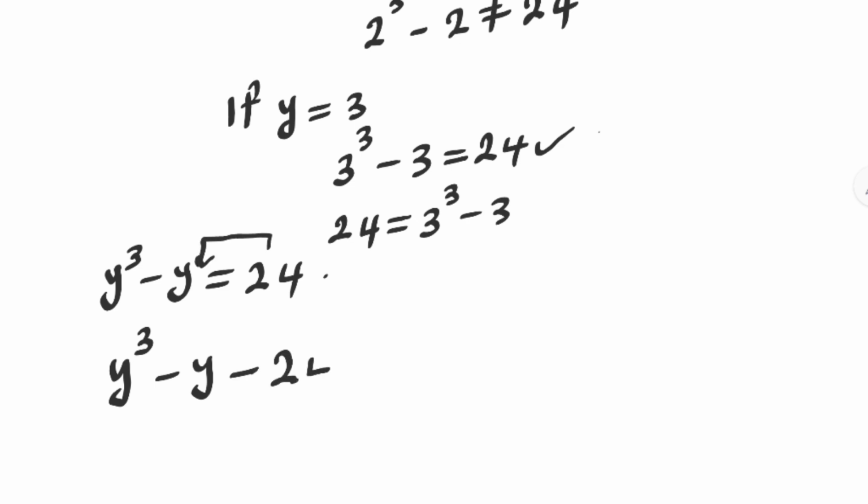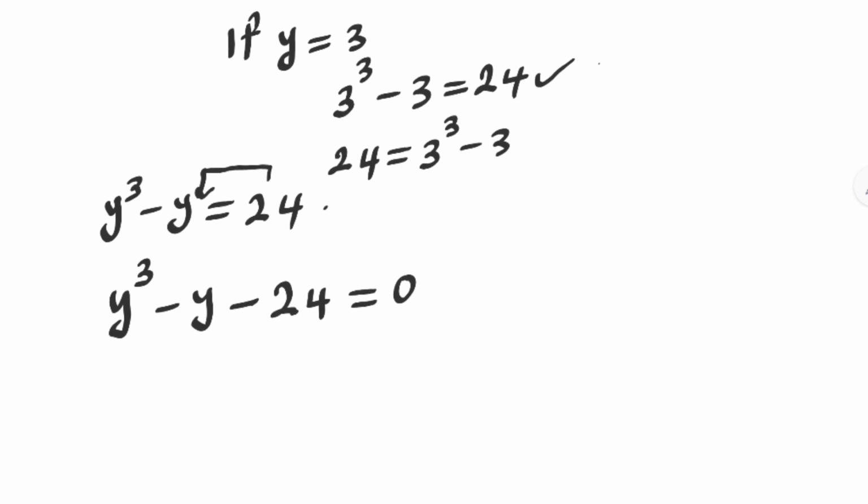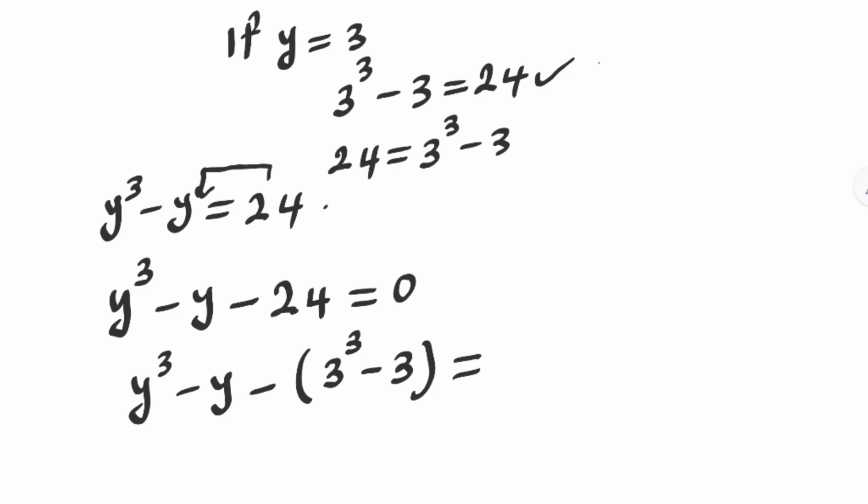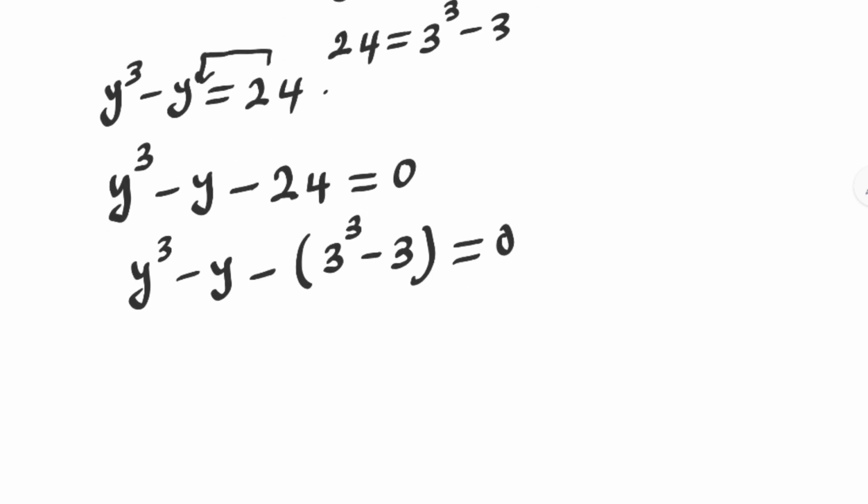Minus 24 is equal to 0. y raised to power 3 minus y minus 24, which is 3 raised to power 3 minus 3, is equal to 0. So y raised to power 3 minus y, if you open the bracket with this negative, minus 3 raised to power 3 plus 3 is equal to 0.